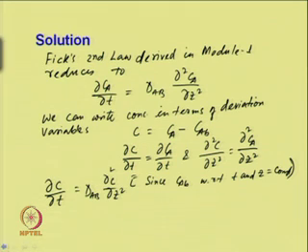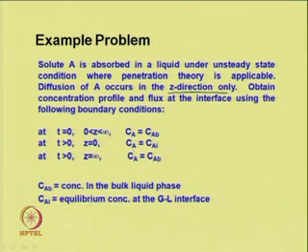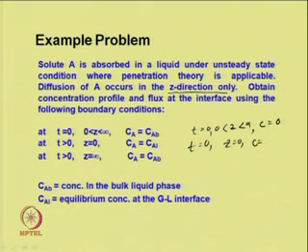Then the boundary conditions which are given will be reduced to: at t equal to 0, z between 0 and infinity, C will be 0. For t greater than 0, at z equal to 0, C will be the interfacial concentration C_I, that is equal to C_AI minus C_AB.